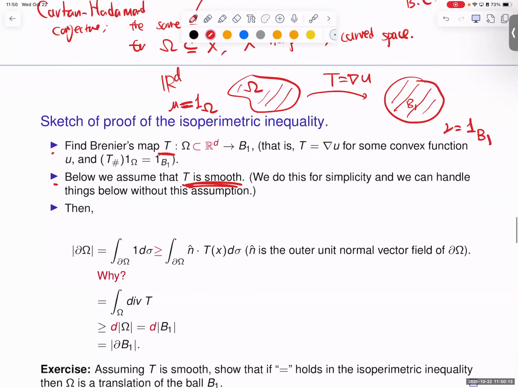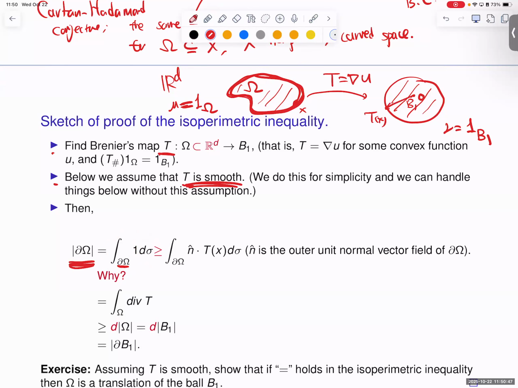Okay, then what? Then the perimeter, the surface area of this set, is nothing but the surface integral of the constant function 1. Okay, that's surface area. But now, for each point x, T(x) is here. Let's say our center is there, so B1 is a centered ball.